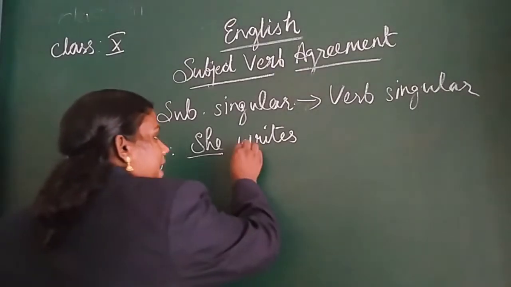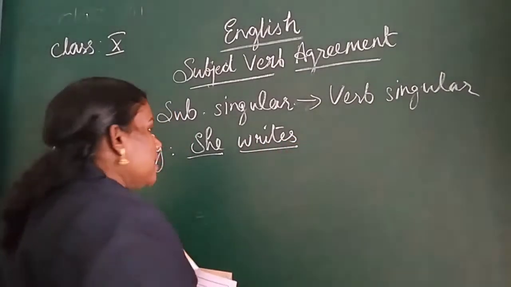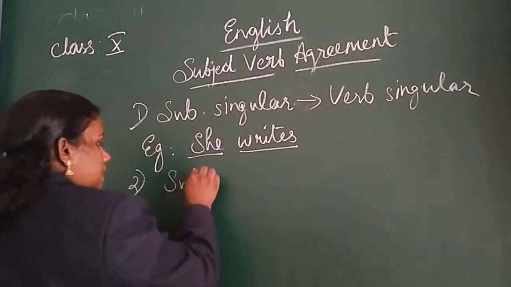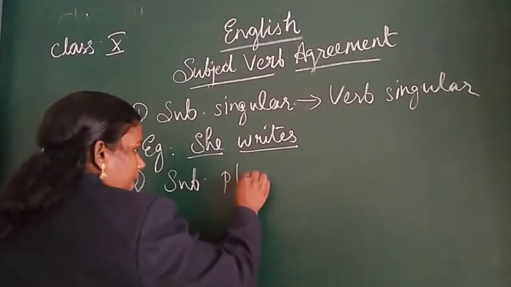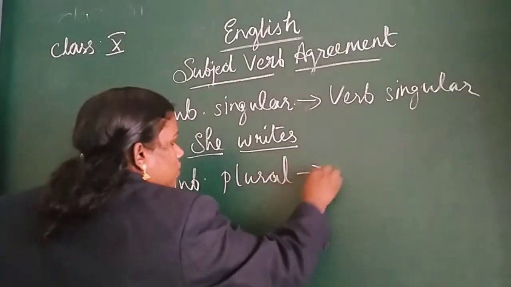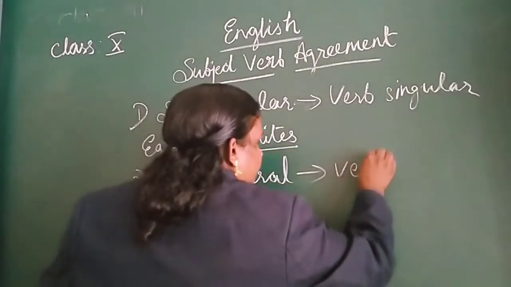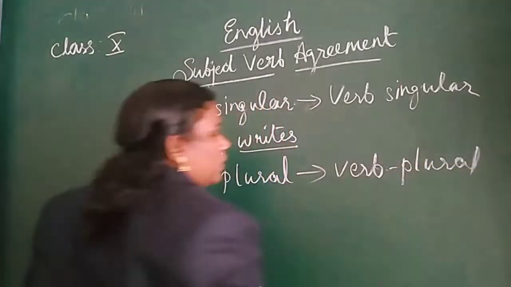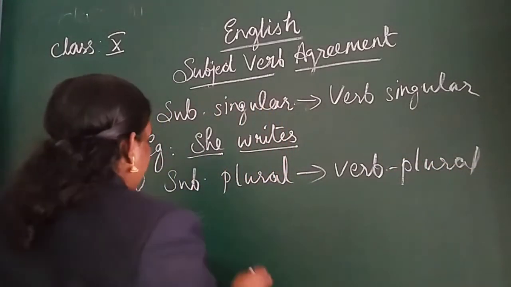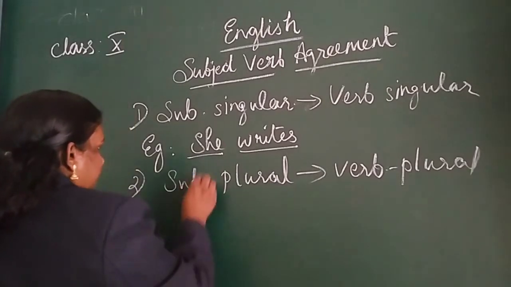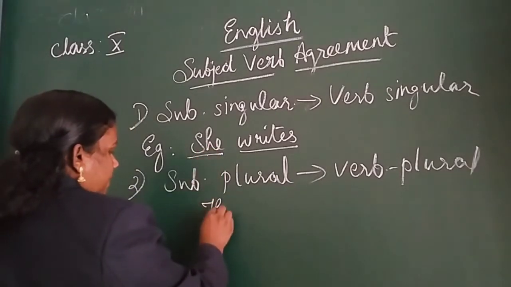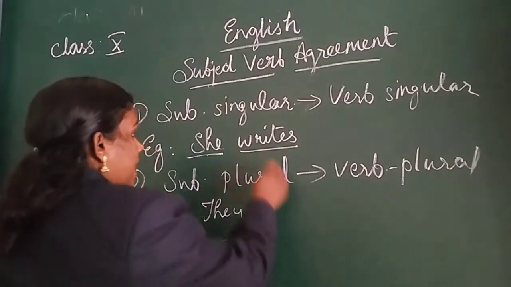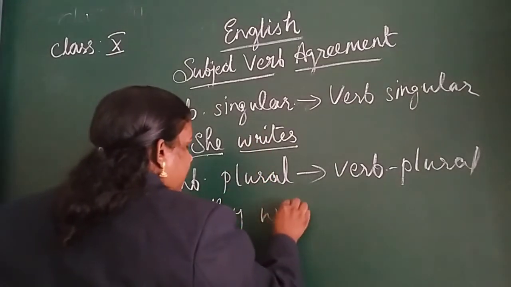The second point is, if the subject is plural, the verb also will take a plural form. Instead of she, for example, they. They is a plural subject. Instead of writes, what will come?